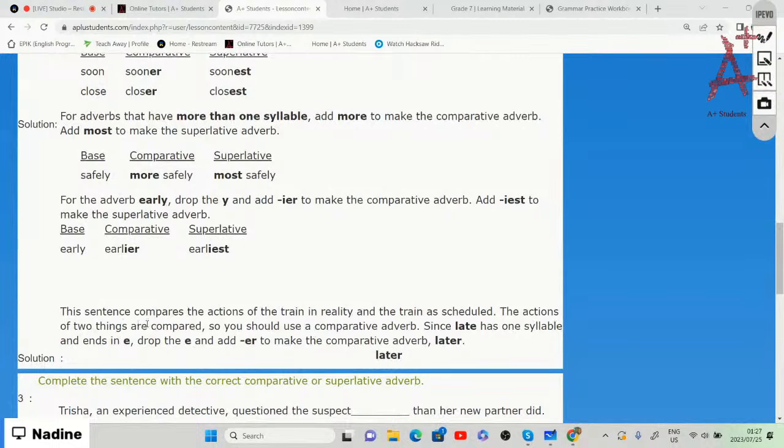So if the actions of two things are compared, remember we said it is comparative, because comparative compares two things, two people or two places. So you should use the comparative adverb. Since late has one syllable, we drop the E and add ER, which gives later.